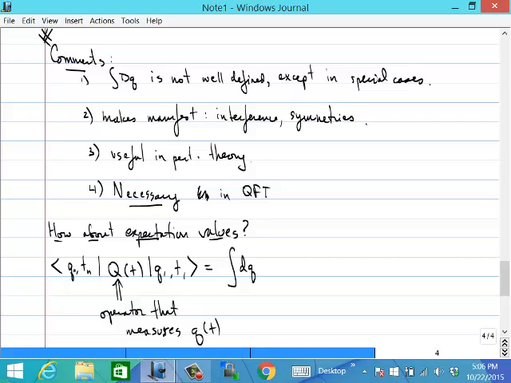And what do you have? Well, you have an integral dq of the amplitude first for the particle to go from position q1 at time t1 to position q at time t, times the amplitude for the particle to go from position q at time t to position qn at time tn. And I'm measuring the value of q at time t, so I get another factor of q of t out front.